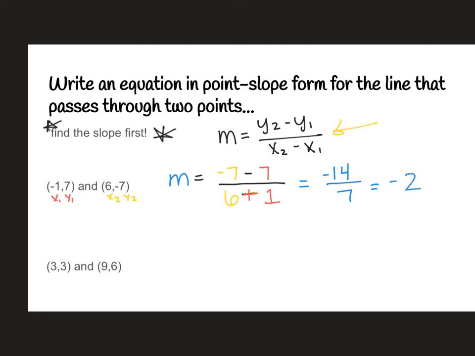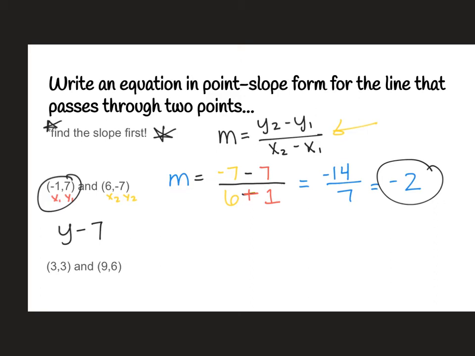So m equals -2. And now we still need to find the equation for the line in point-slope form. We have a point and slope. So remember our formula. Y minus y sub 1, we've got 7.